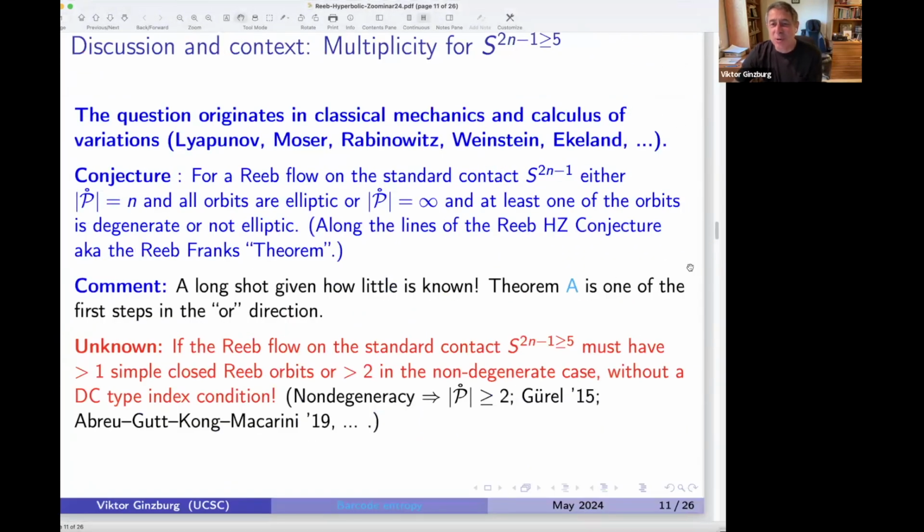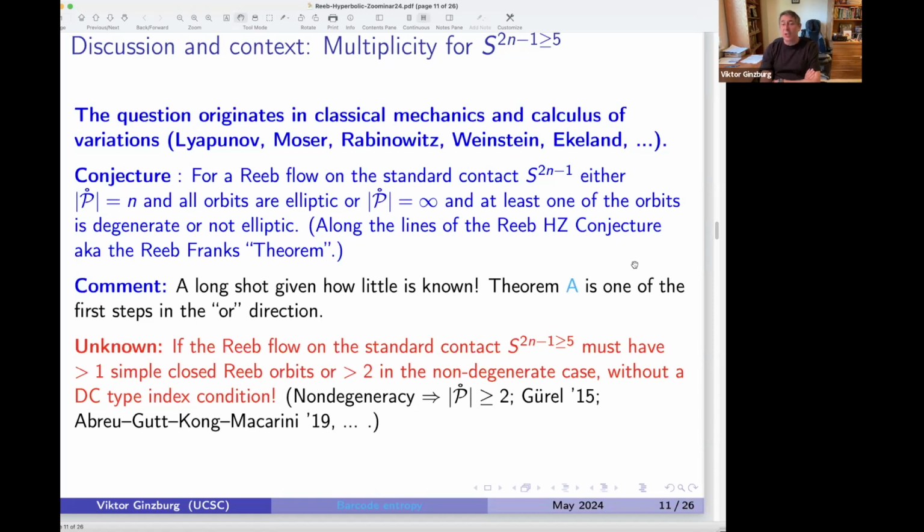In general, at least for the sphere, you expect either n or infinitely many. As I said, I don't know. There is no single result beyond dimension 3 that would not use some kind of index condition.